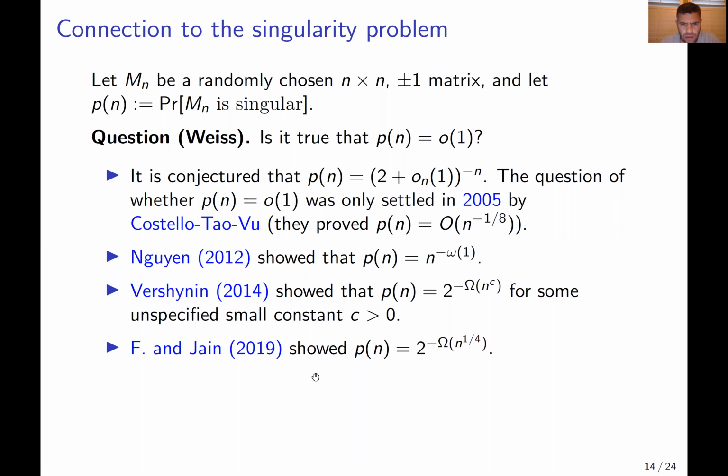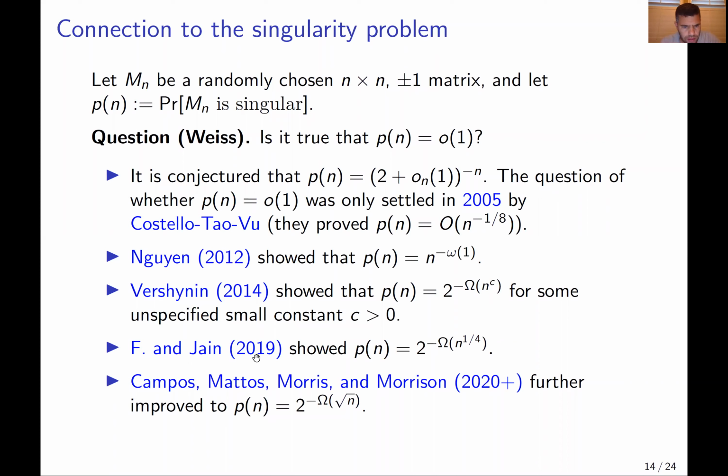Together with Vishesh Jain, we showed that we can replace this c with 1/4. And quite recently, Campos, Matos, Morris, and Morrison further improved the constant, and they show that P_n is 2^(-sqrt(n)) roughly.